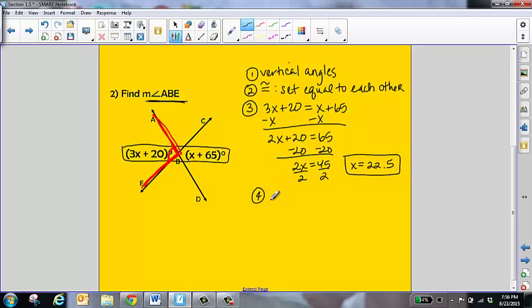So the measure of angle ABE is being represented by 3x plus 20. We're just going to substitute in our 22.5 for x. That's going to give us 67.5 plus 20, and then 87.5. So that is going to be the measure of angle ABE.